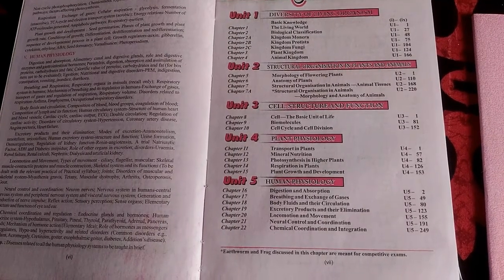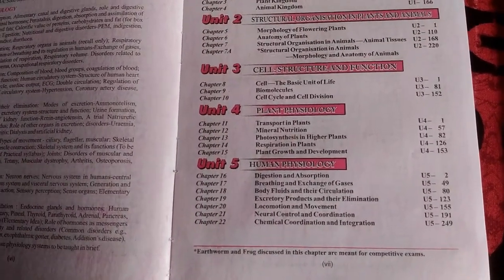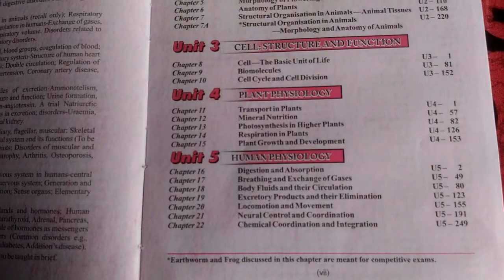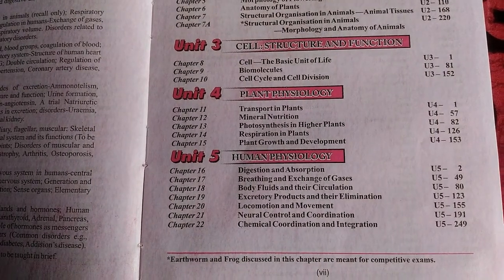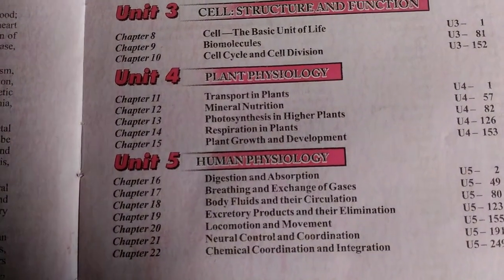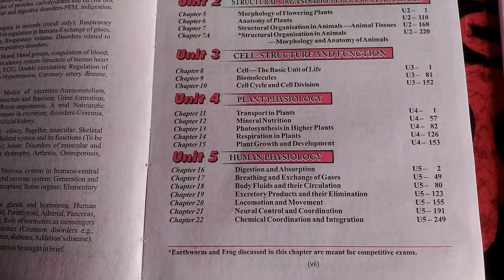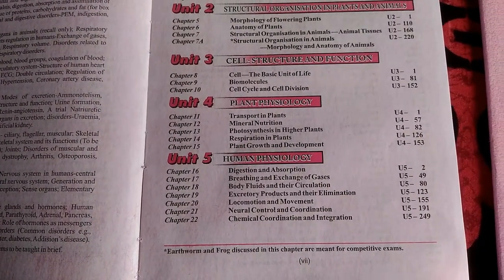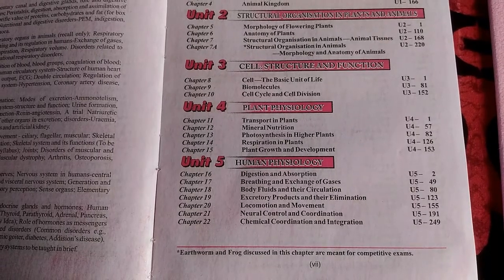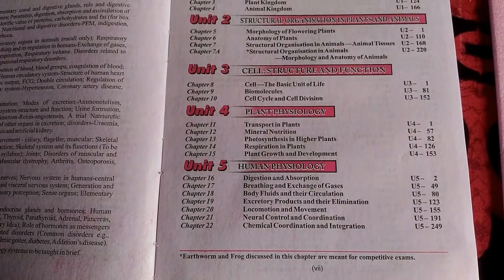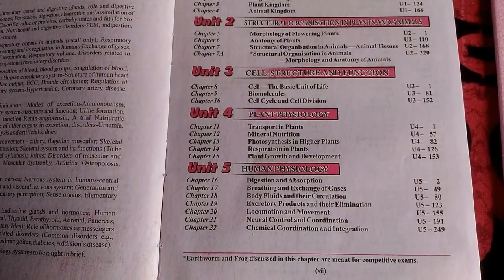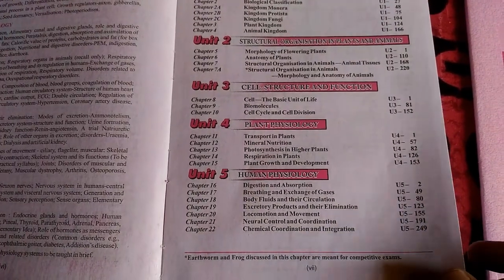And then we see the third unit, cell structure and function, the basic unit of life, biomolecule, cell cycle, cell division. Plant physiology, in plant physiology there is transportation in the plant, mineral nutrition, photosynthesis in higher plant, and last of all unit 5 there is human physiology, digestion and absorption, breathing and exchange of gas, body fluid and their circulation, excretory product and their elimination.